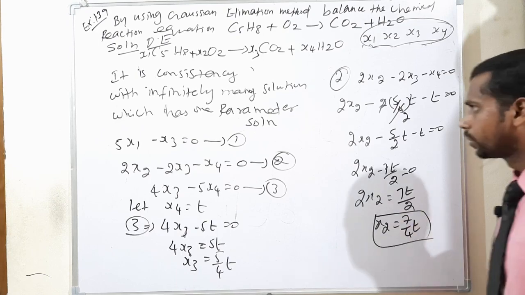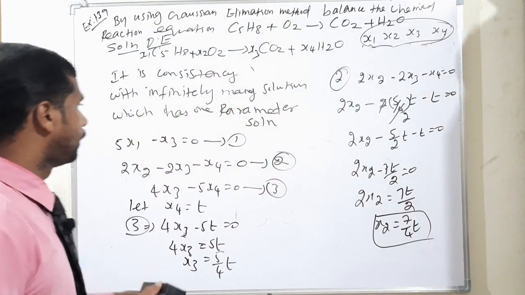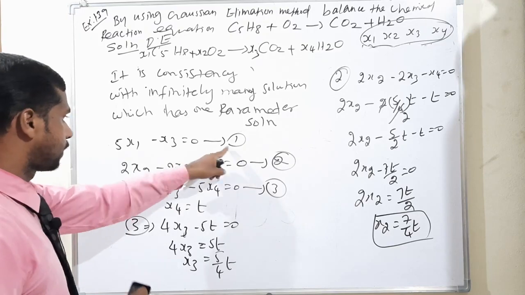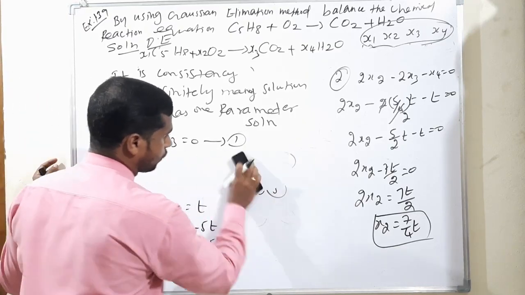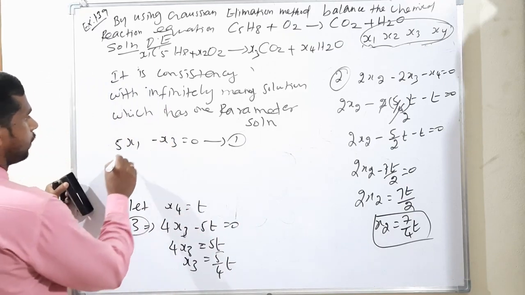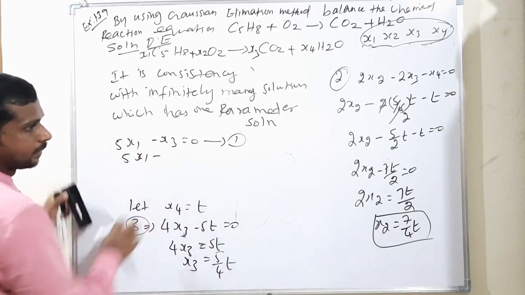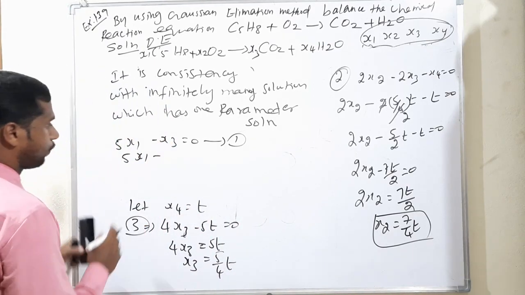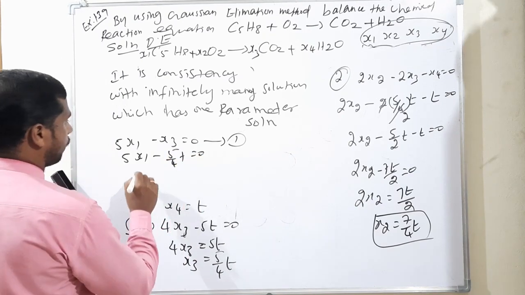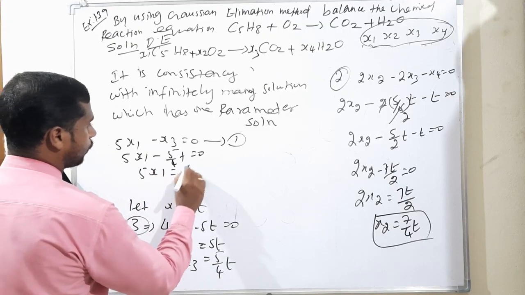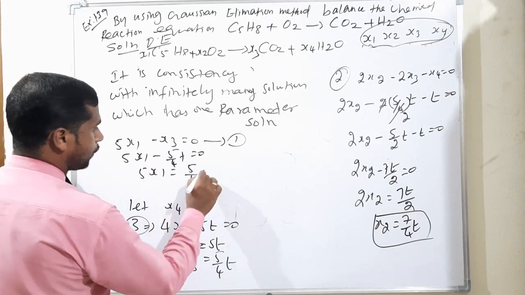So, x2 is also clear. Now, we need only one term, that is the first equation. So, the first equation: 5x1 minus x3 is equal to 0, where we already found x3 is 5 by 4 t. Therefore, 5x1 is equal to positive 5 by 4 t.